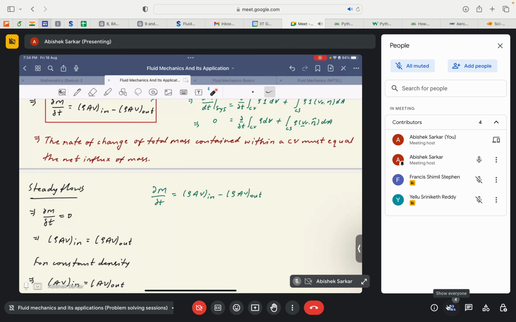Since Sriniket was mentioning the effect of losses in the flow field, as I told, this comes into the picture when we regard viscous effects. The implication of disregarding viscosity comes here in this integral. If the viscous effects were considered, V_R would not have been uniform throughout the cross section of our inlet or outlet.